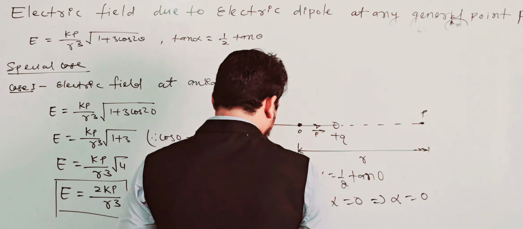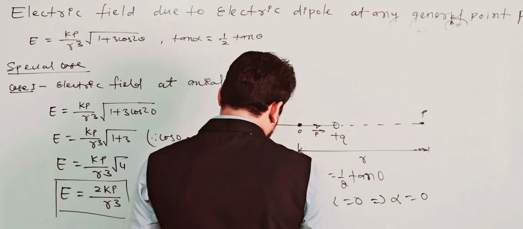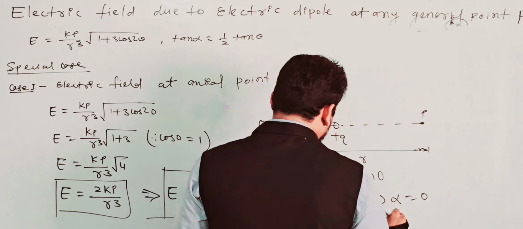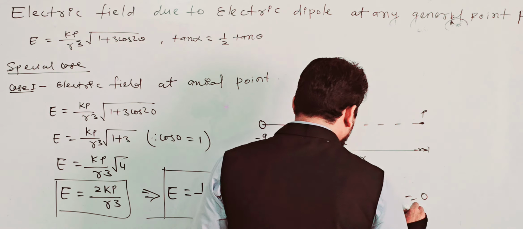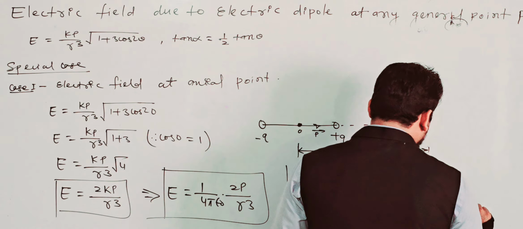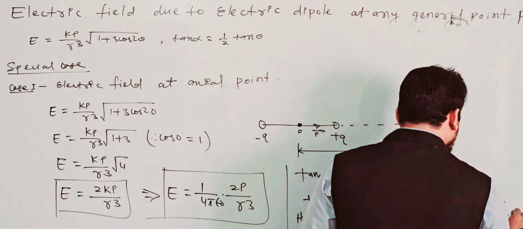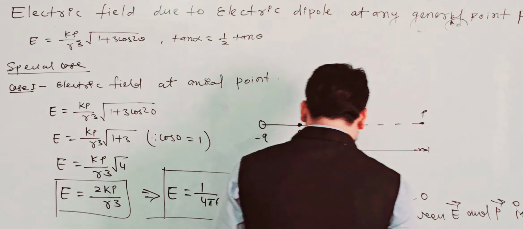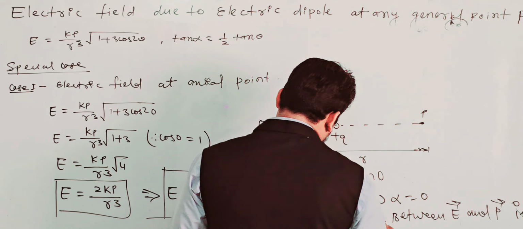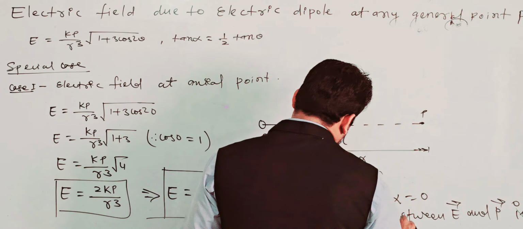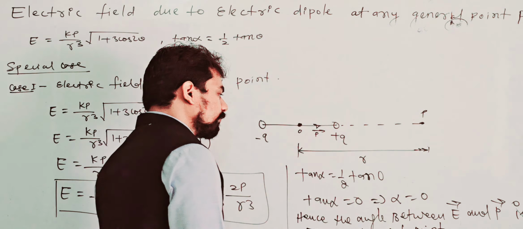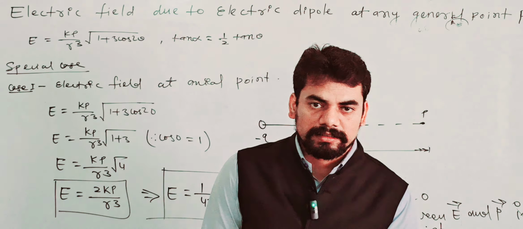It means, hence, the angle between the field vector and the dipole moment vector is 0 at the axial point.